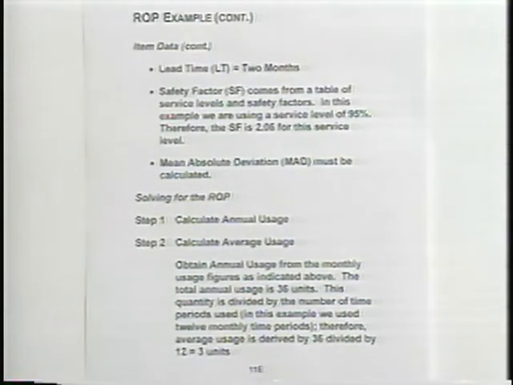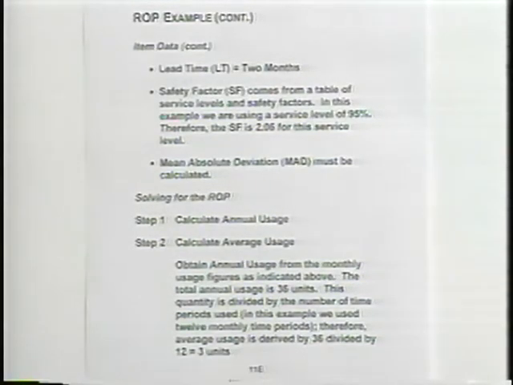In this case, for this part number, we want a service level of 95%. The safety factor from the table is 2.06. So the only other data element that we really have to develop is mean absolute deviation.